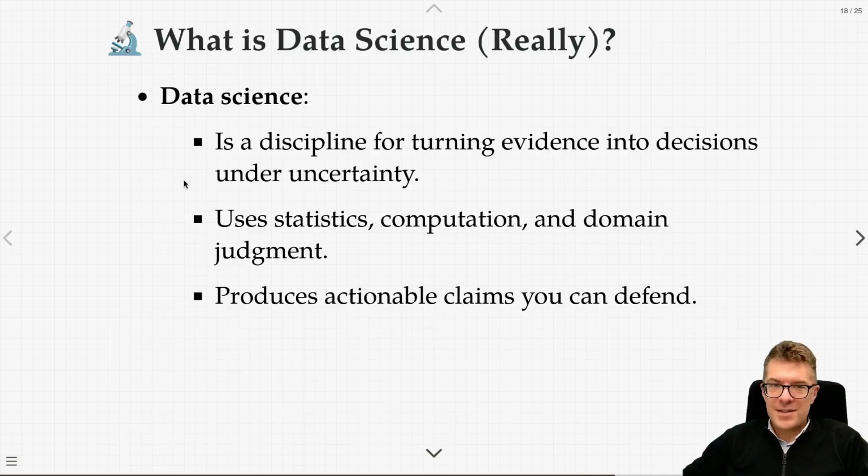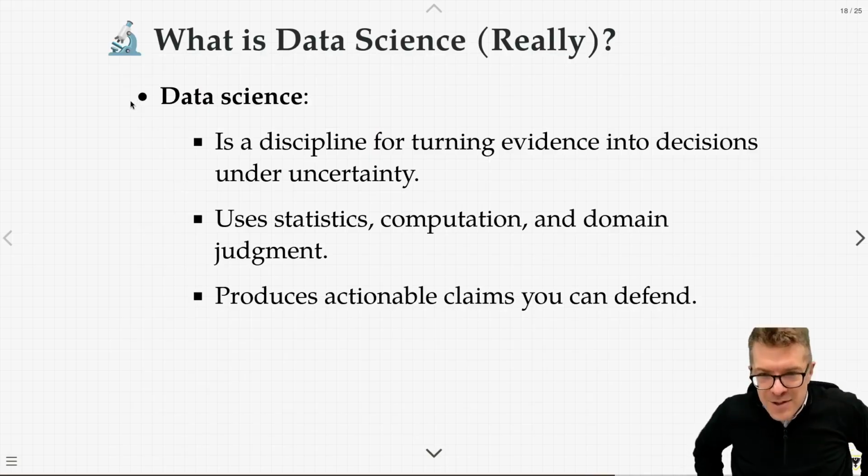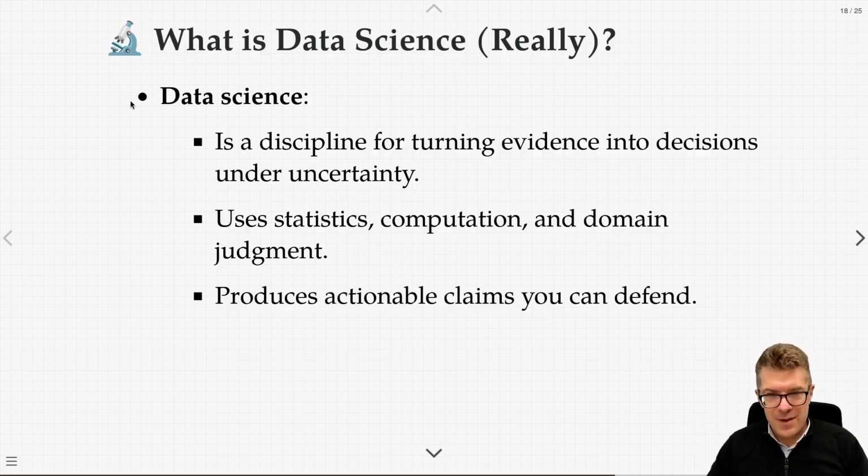So what is data science? It can mean many things. And again, we're going to iteratively answer this question over the course of the term. But data science can be thought of in a few ways. It is a discipline on its own, which brings in a lot of other disciplines. It brings in computer science, engineering. It brings in experts from whatever discipline you're trying to deploy in, finance, health, government, for taking evidence acquired from data into real-world decisions you can make under uncertainty.